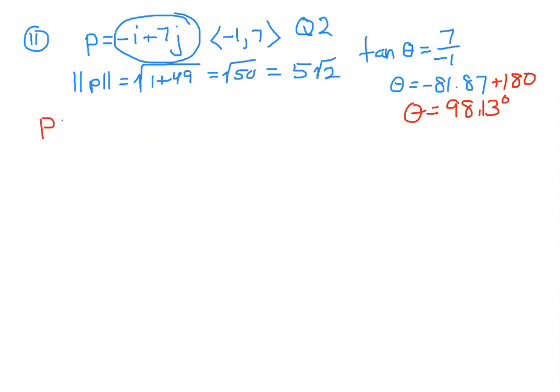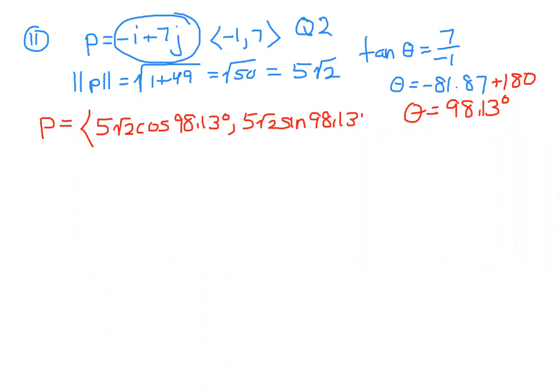And P equals 5 times the square root of 2 cosine of 98.13, 5 times the square root of 2 sine of 98.13. All right, I'm just going to finish these. You can do however many you think you need.